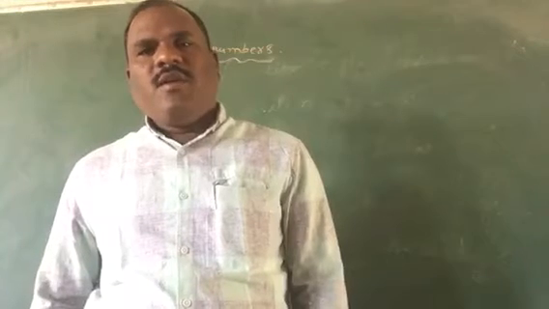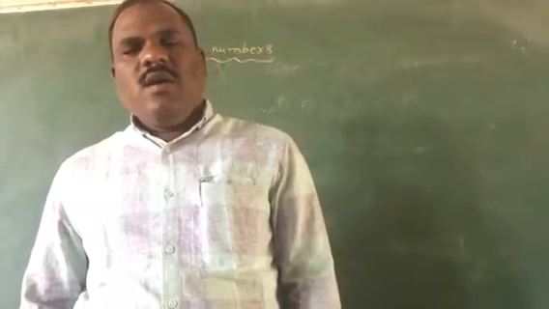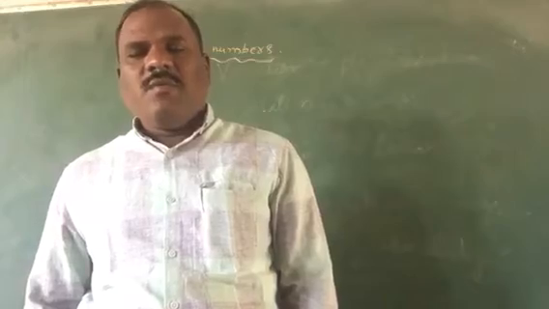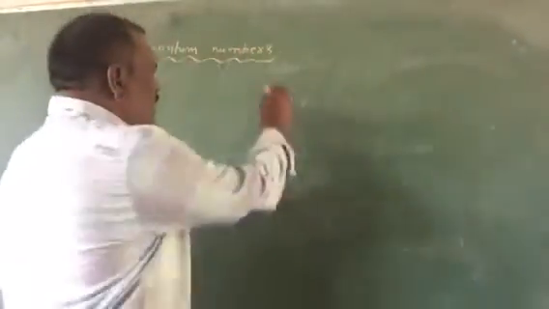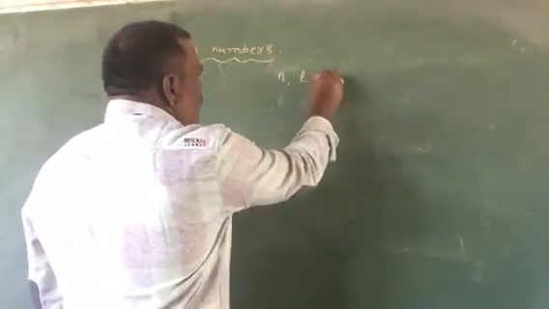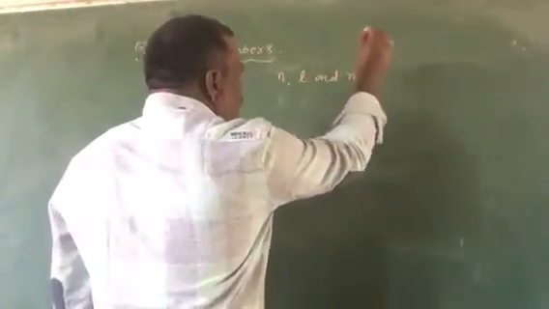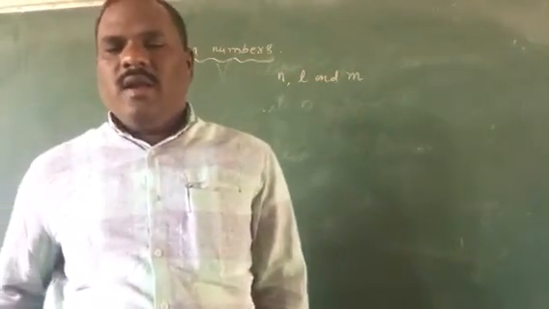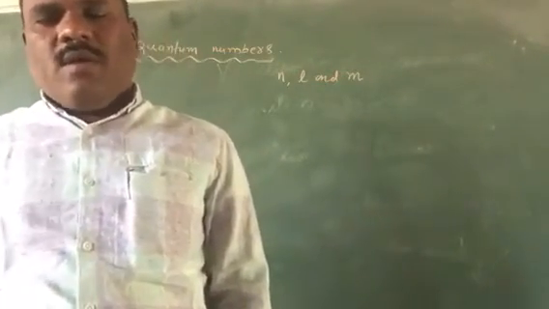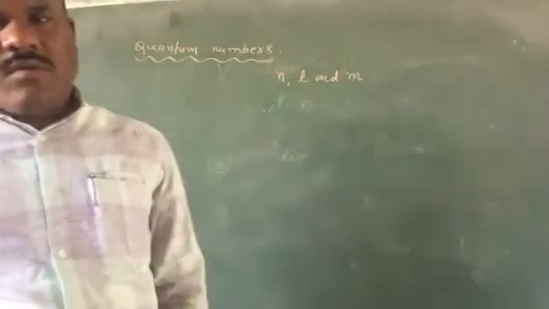The main importance of quantum numbers is that each electron in an atom is described by a set of three numbers. They are generally n, l, and m_l. These numbers are called quantum numbers.